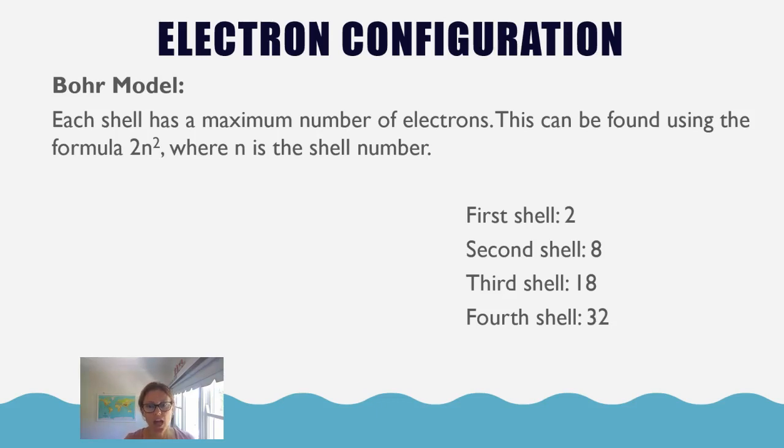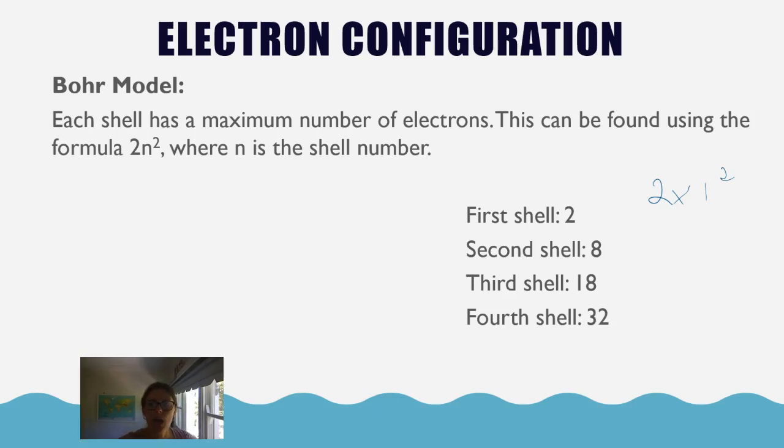So how do I get these answers of 18 can fit in my third shell and so forth? Each shell can actually have a number of electrons, and we have a general formula that we use, which is 2n squared, where n is the shell number. So if we're looking at our first shell, 2 times 1 squared, 1 squared is 1, times 2 is 2.